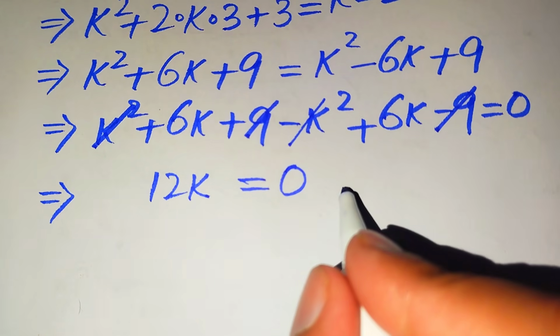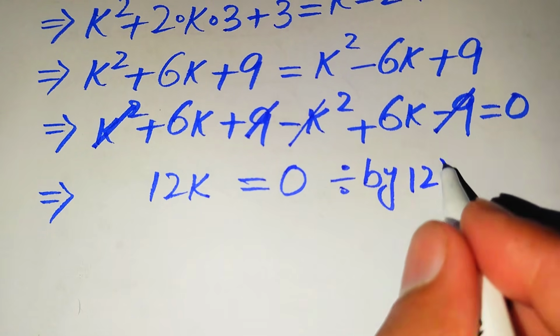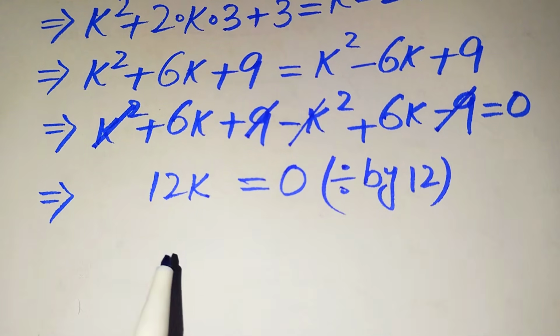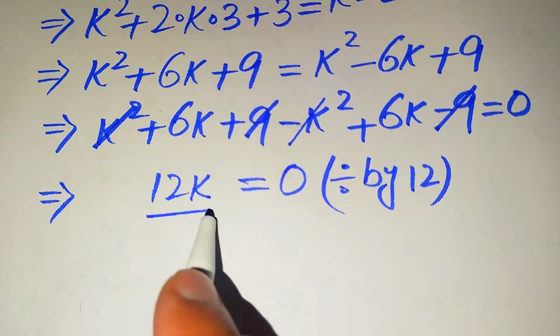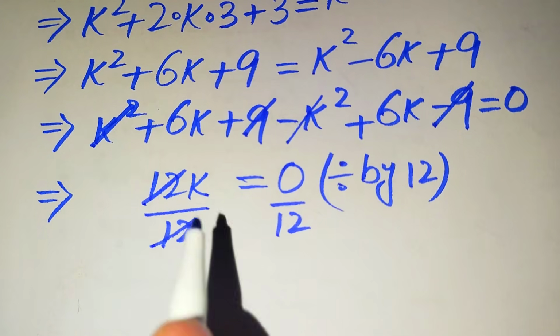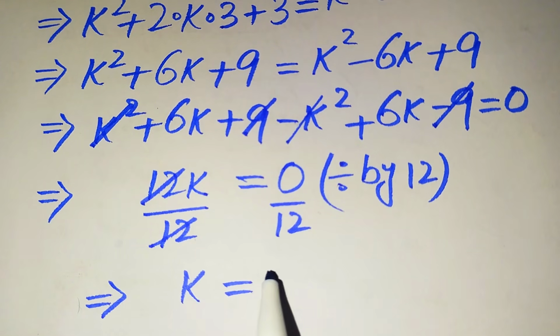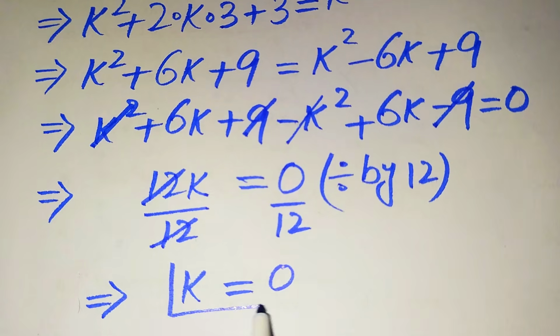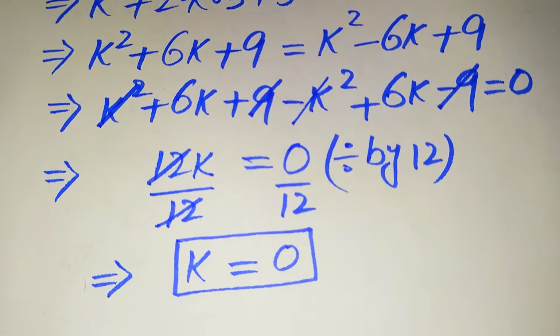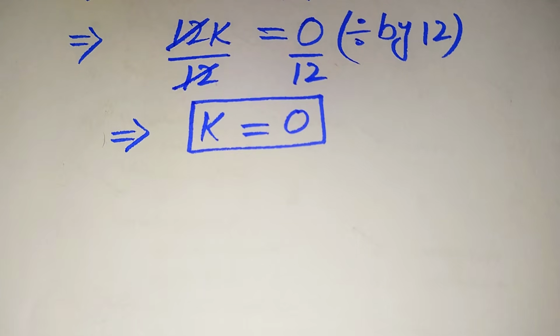Now in the next step we divide both sides by 12 in order to get the value of k. The 12 and 12 cancel, and we get k is equal to 0 divided by 12, which is 0. This shows that we get only one value of k, and that is equal to 0.